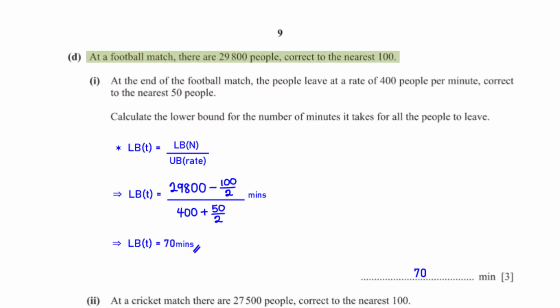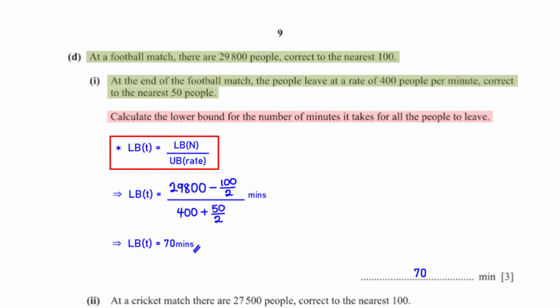At a football match, there are 29,800 people. Correct to the nearest 100. At the end of the football match, the people leave at a rate of 400 people per minute. Correct to the nearest 50 people. Calculate the lower bound for the number of minutes it takes for all the people to leave.